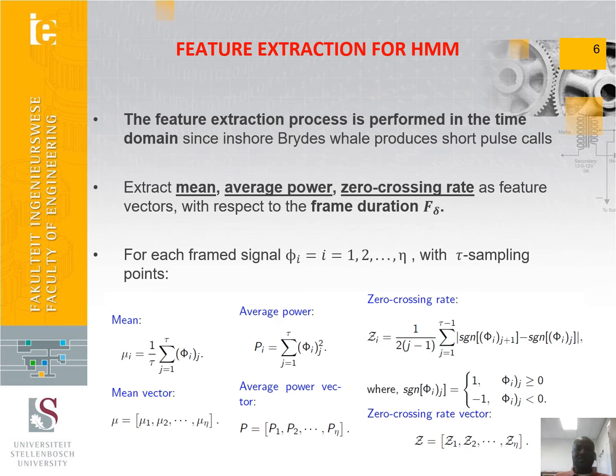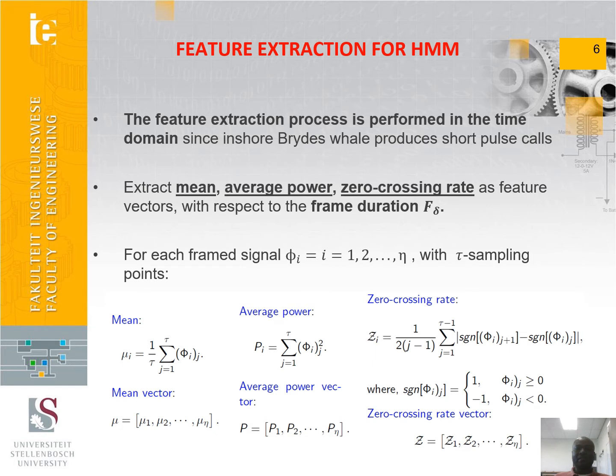Take for instance, the Mel frequency cepstral coefficients, MFCC, and linear predictive coefficients, LPC, are often used as frequency domain techniques with the HMM. But in this study, the feature extraction process is performed in the time domain, since inshore Bryde's whale produces short pulse calls.